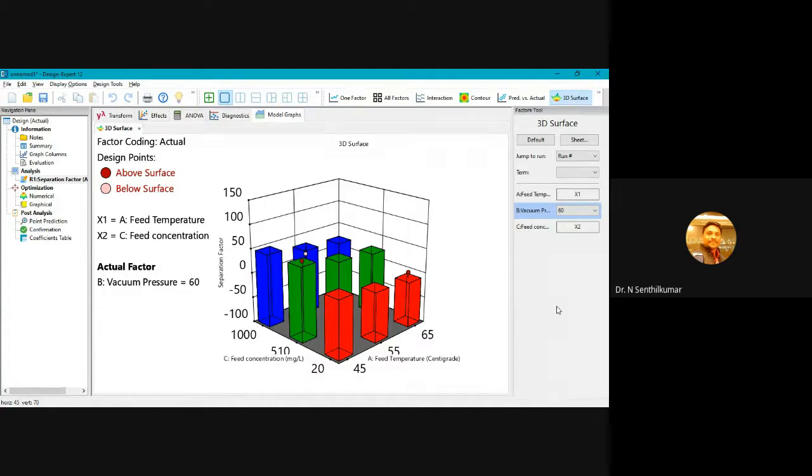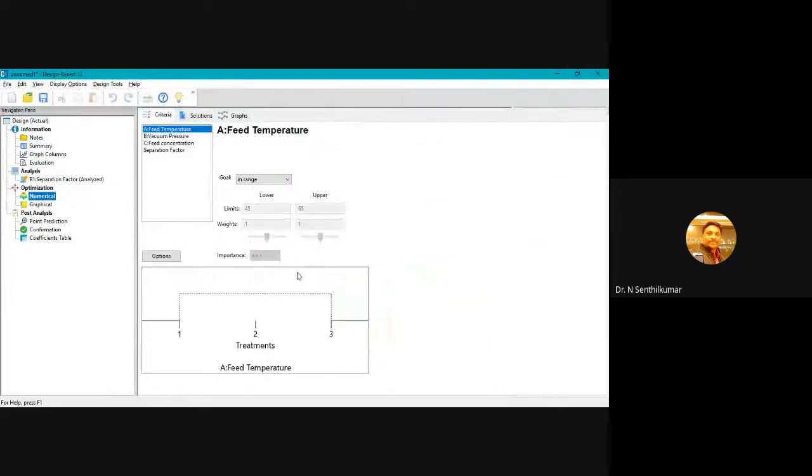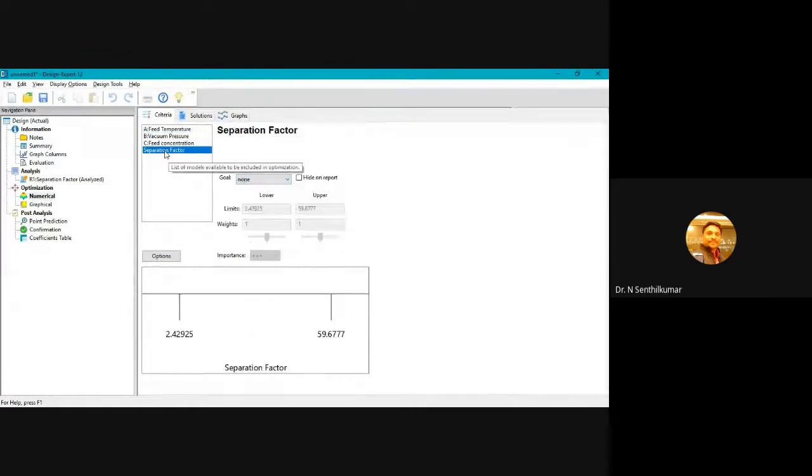So this now I have analyzed. Now after analysis, I have to go with optimization. So numerical optimization I have to go with. The inputs should be in range, and for the output separation factor, whether it should be maximum or minimum. I am going to consider this as maximum. The separation factor has to be maximum.